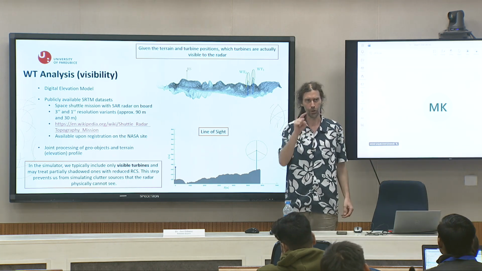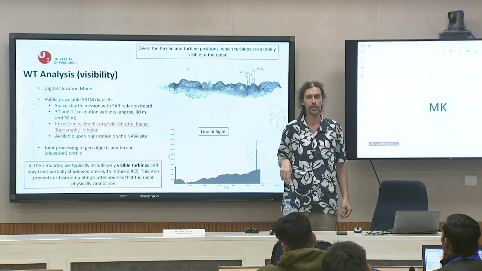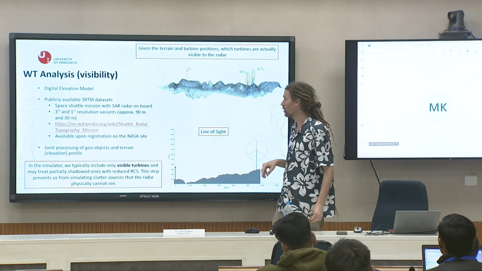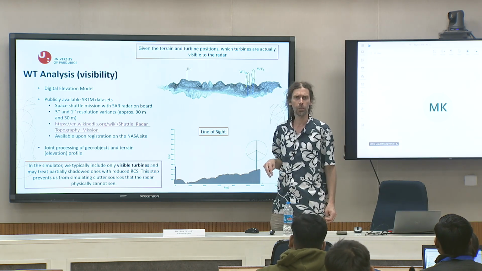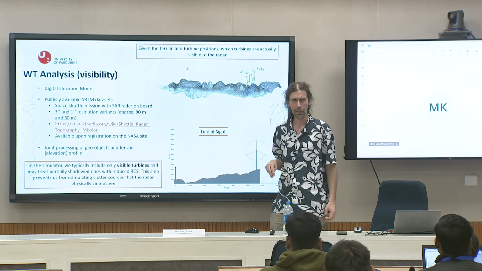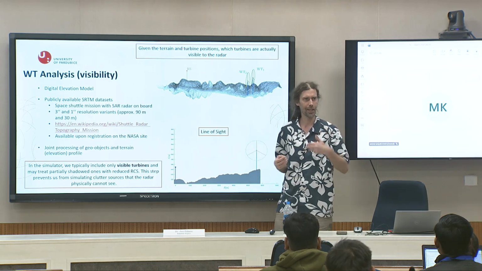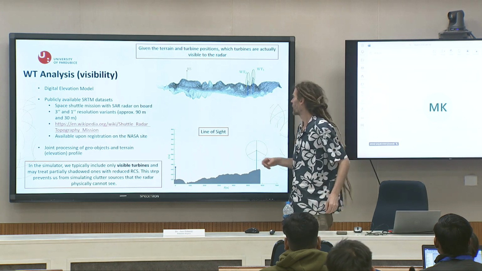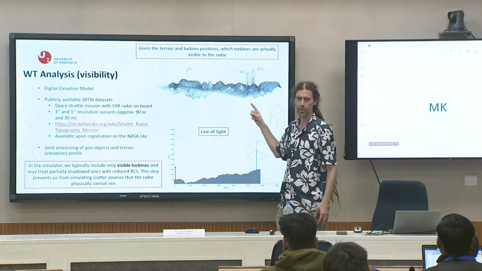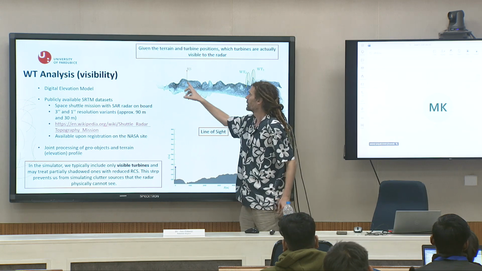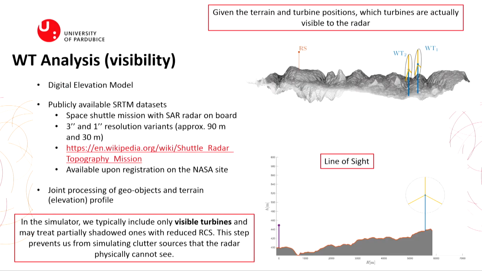Import to MATLAB. I also share this tool. It is available on MATLAB Central, and you just download this tile, put it to MATLAB, and then you can make a presentation. By the way, this one is the position of my radar, and this is the position of the wind turbine, but it is not in good ratio.